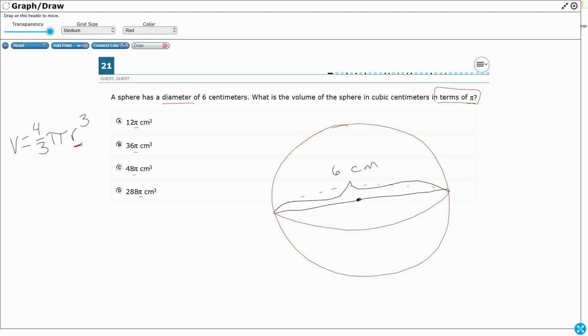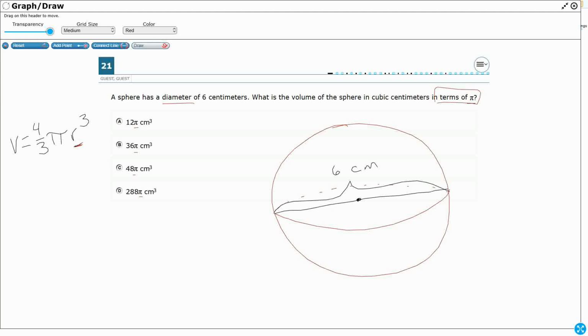It goes on forever, it never stops. So if you want to get an actual number, you always have to round it or approximate it. If you want a true answer, you always have to leave pi in there. That's why sometimes you'll see answers in terms of pi. You can get an actual answer because you're not approximating it.